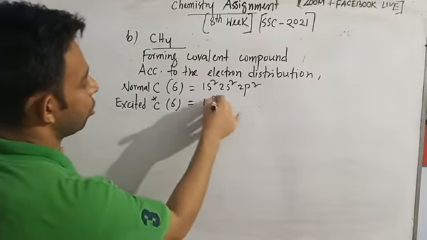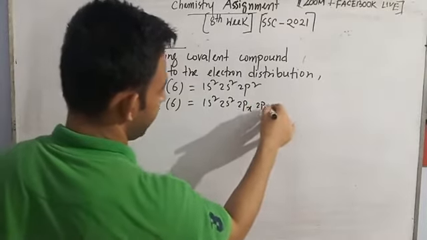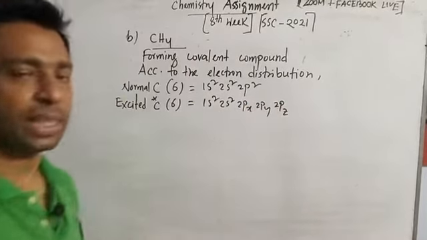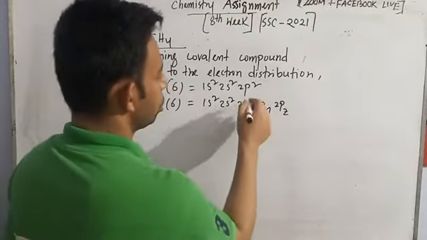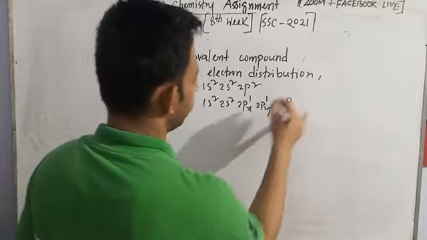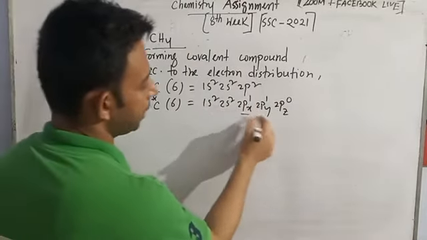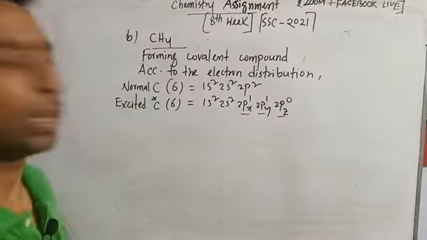So 1s2, 2s2, 2px, 2py, 2pz. The maximum electron capacity of the p orbital is 6. Here 1, 1 and 0: 2px1, 2py1, 2pz0.